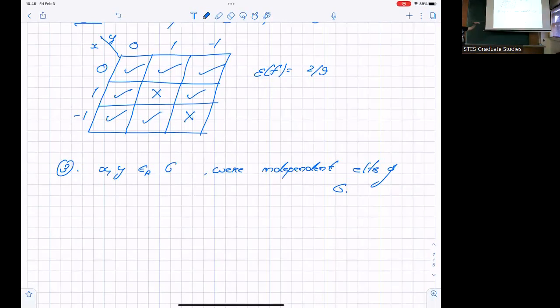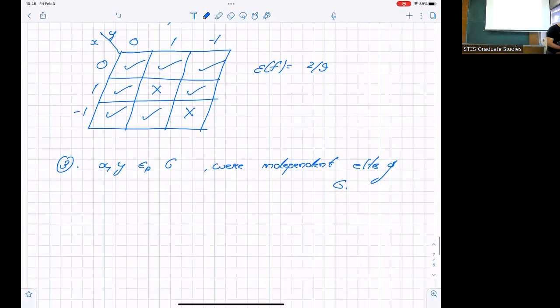I will shift topic in about 5 minutes. Right now we are picking a fully uniform element x and a fully uniform element y. Do you really need x and y to be completely independent? What we show is actually not. Can one use lesser randomness? That's a question that can be asked.